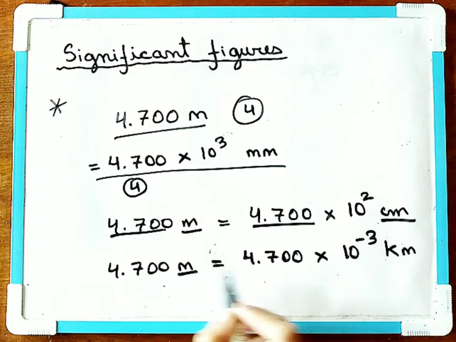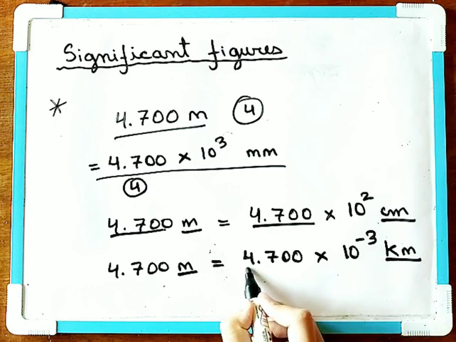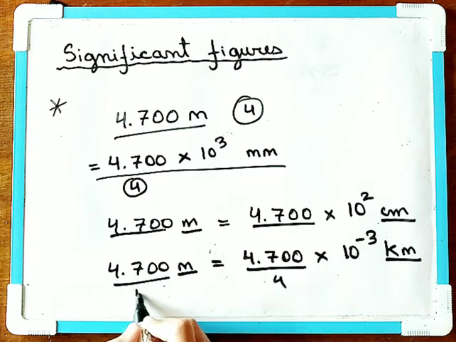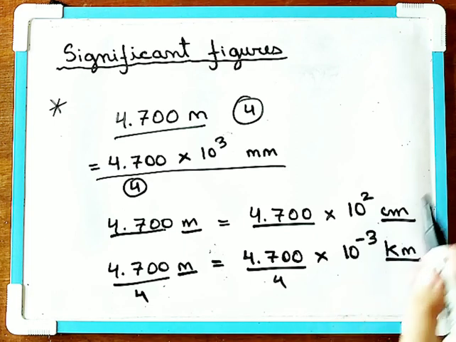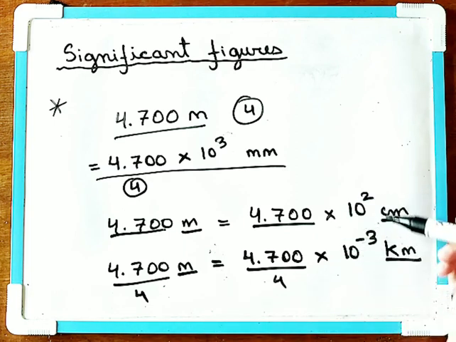So here the unit is meter, kilometer, number of significant figures 4, number of significant figures 4. So it does not change the number of significant figures if we express in scientific notation. But if we do not express in scientific notation, the number of significant figures may change. So remember this point clearly.